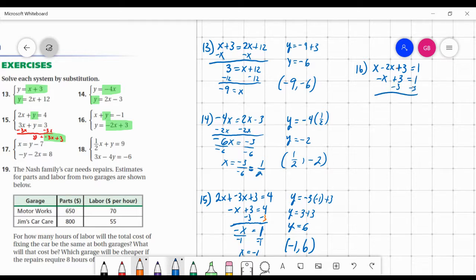Subtract 3 from both sides. Negative x is equal to negative 2. Divide by negative 1, so x is positive 2. So if x is positive 2, let's plug it into that second equation. y equals negative 2 times 2 plus 3. So negative 4 plus 3. y is negative 1. 2 comma negative 1.